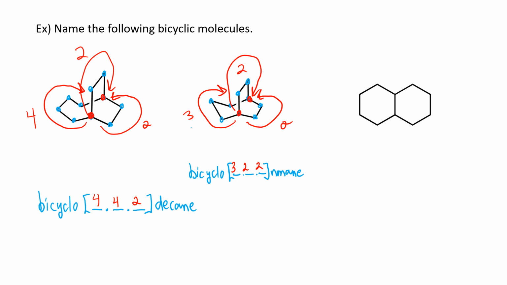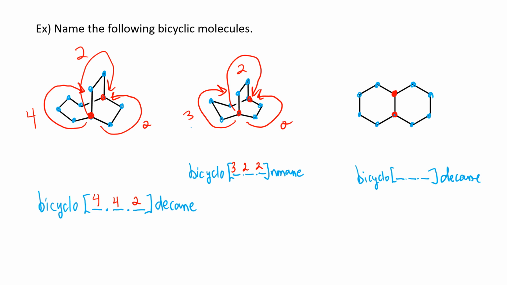In our final example here, we're going to count the number of carbons: 1, 2, 3, 4, 5, 6, 7, 8, 9, 10. That means I'm dealing with some type of bicyclo something, something, something, decane. Now let's find our bridgeheads.